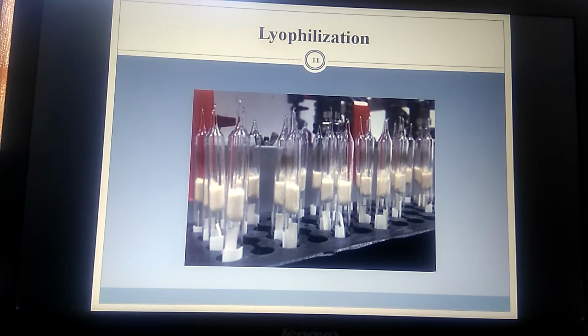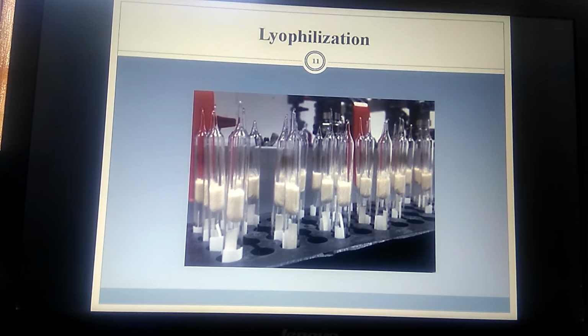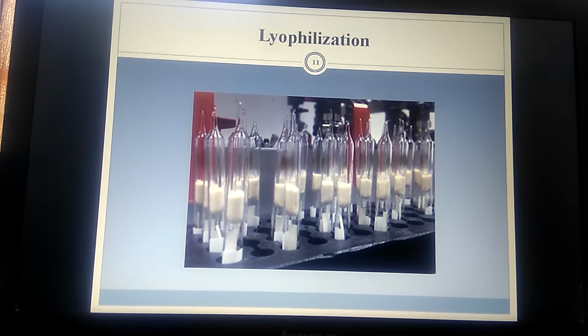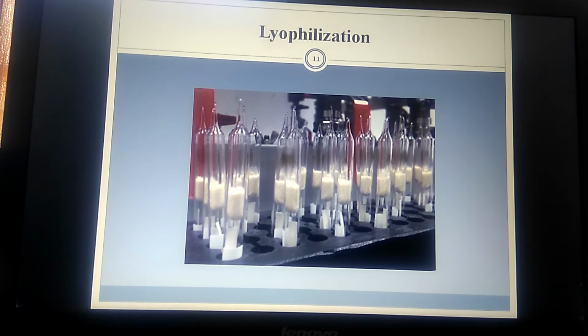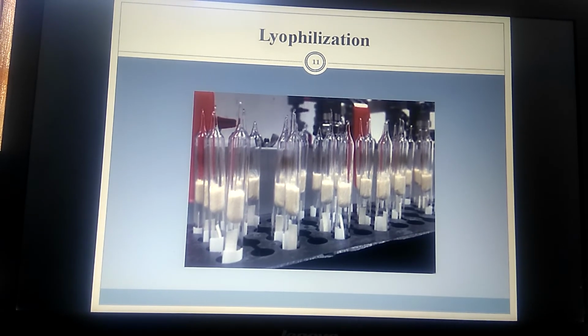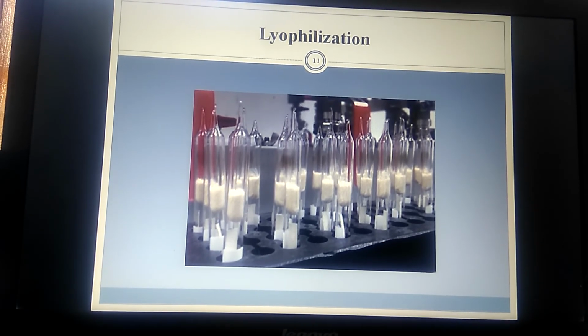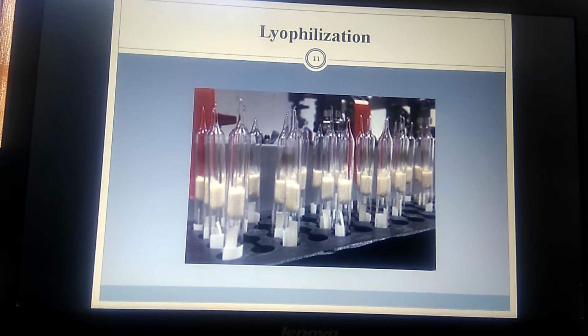Then there is something called lyophilization. Lyophilization is just freeze drying. Here we will be adding a lyoprotectant like sucrose solution to the organism solution, and since there is sucrose, the organisms will be protected from the freezing. Once we start freezing, all the water content present in the solution will be completely taken out by vacuum.